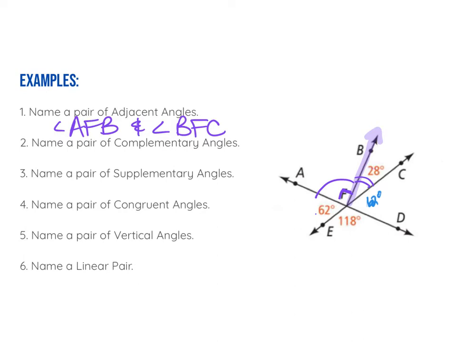And again, they share that side, FB, and if you notice in its name, they both have FB in their names because that's the shared side that they have. Okay, so they have to have that in common.